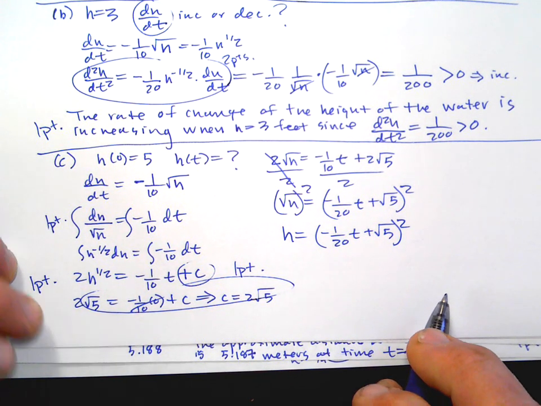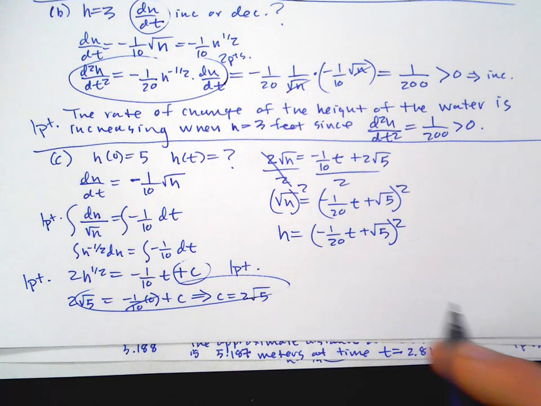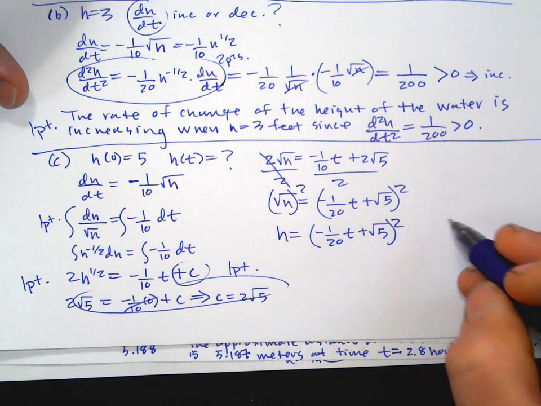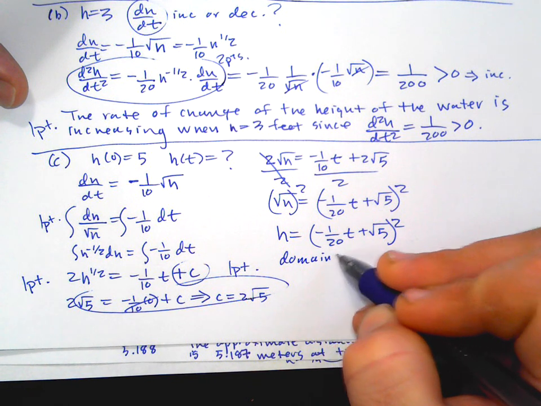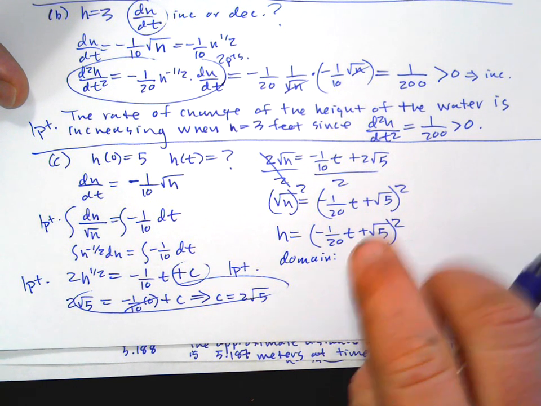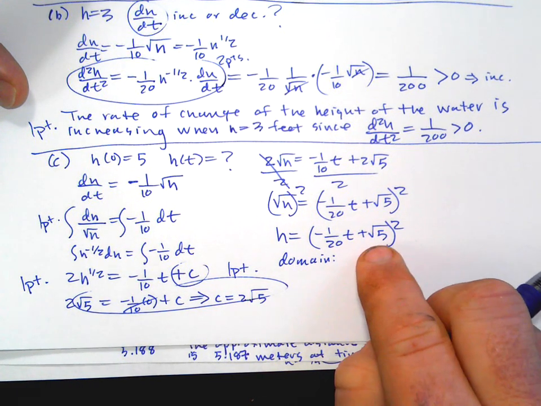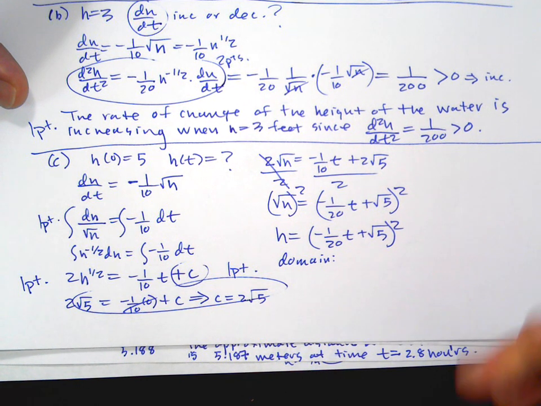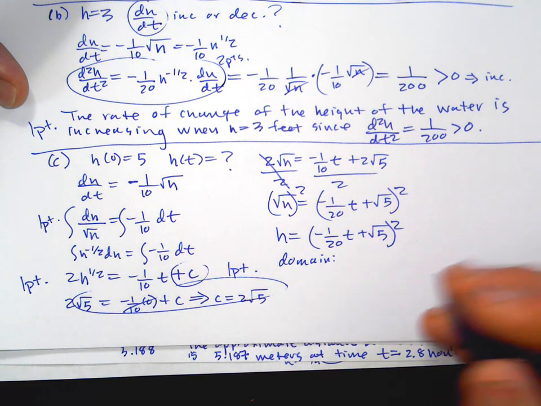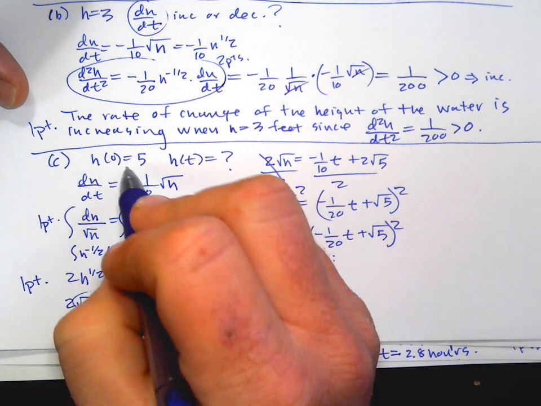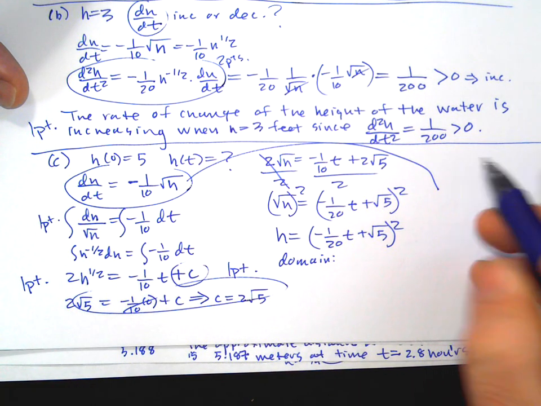Now, of course, we always need to worry about domain. So the domain, we got to worry about some different things. We look here, we say, well, are there any values of t that would cause problems? Even roots of negatives, division by 0, natural logs of negatives or 0, and so forth. No, but there is a problem up here.